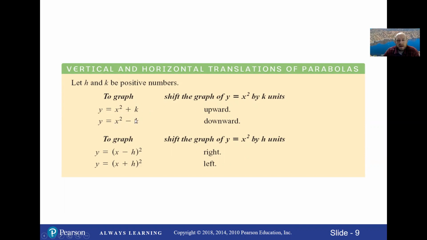If you have x squared minus k, it's downward. But then it flips: if I have x minus h squared, that shifts the graph to the right by that many units, and if it's x plus h squared, it shifts to the left. So kind of the opposite of what you would think. It's really important to have these memorized, so you can know what is happening in the graphs.